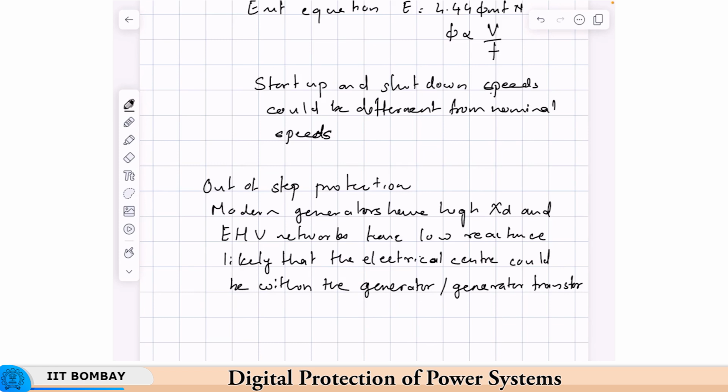Okay. So, we saw what happens when the electrical center occurs, the machine is out of synchronism, and it could lead to very high voltages and currents.